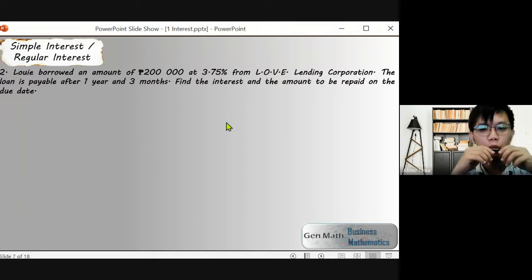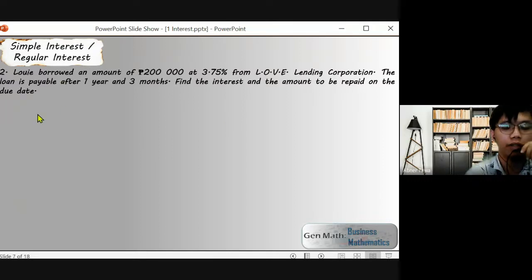Okay, thank you. Again, you need to understand first the problem before going to proceed with the solution. So we have here Louis borrowed an amount of 200,000 pesos. So yung pinaghiraman niya na lending corporation, they offer an interest rate of 3.75%.